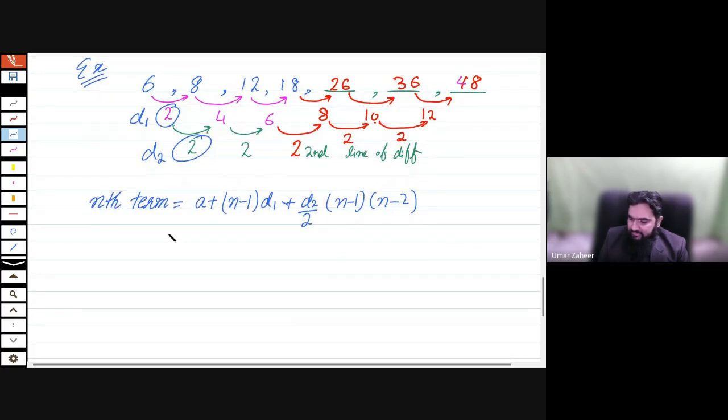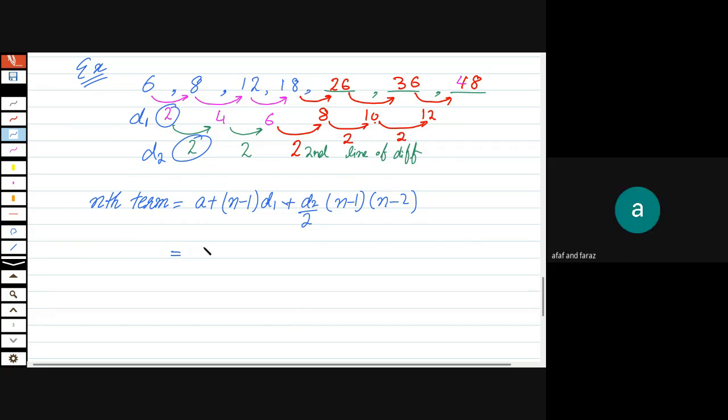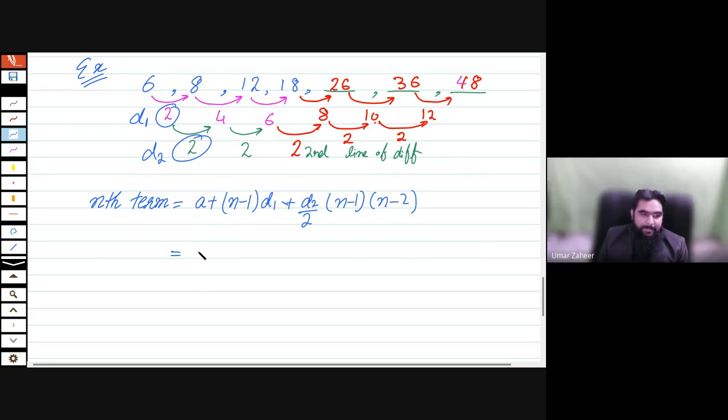Now, in this case, we have the first term. Afaf, what is the value of a? I don't know. Yes, Ariba. 6.